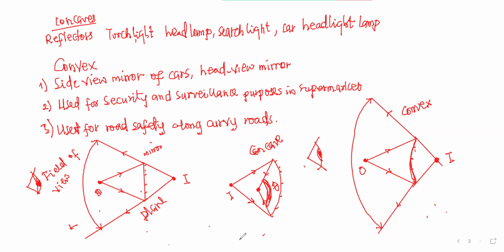Are you okay? The other advantages it has, we'll discuss with image formation, and you will see other advantages this one has over concave. As for plane mirrors, they will always give upright or erect images, but a concave mirror will not always give you upright images. Sometimes the image will be inverted.